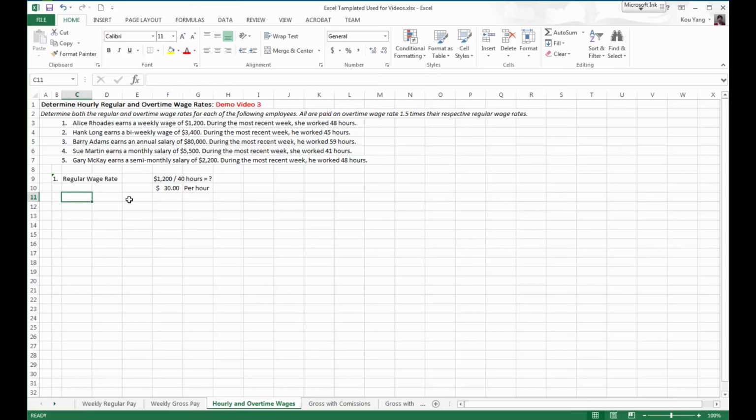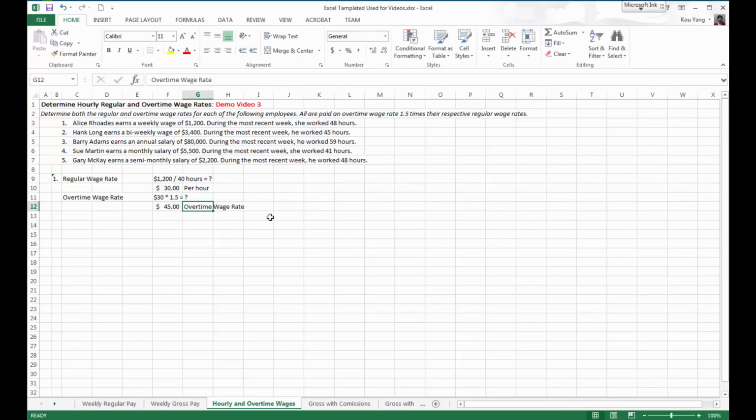And to find her overtime rate, I'm simply going to take that $30 times 1.5, and that should equal $45 for her overtime wage rate.